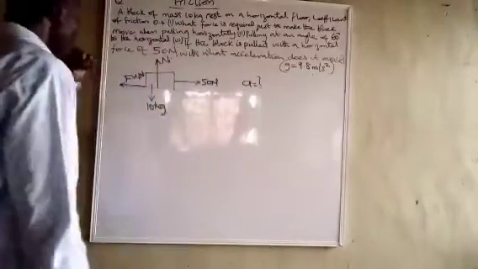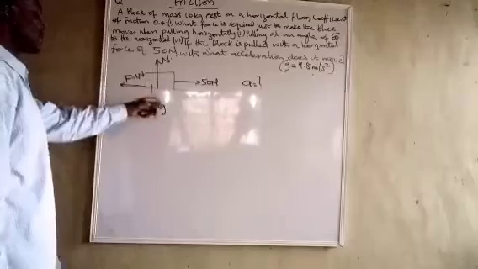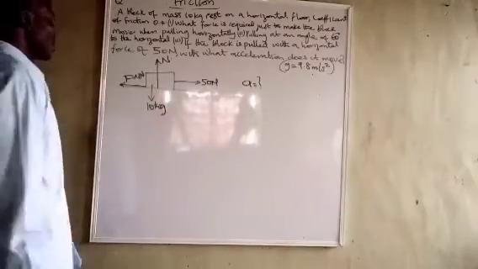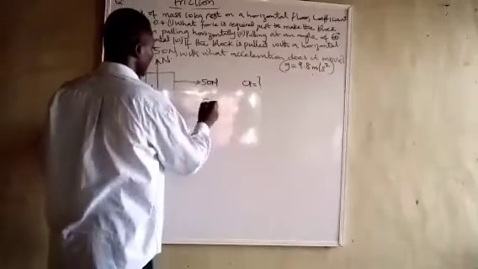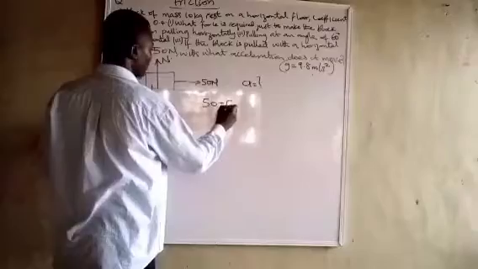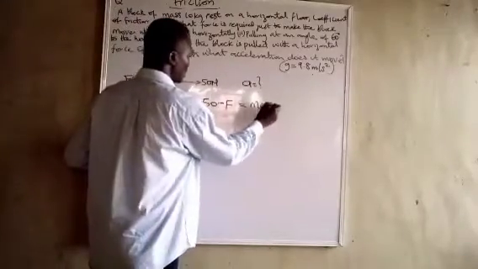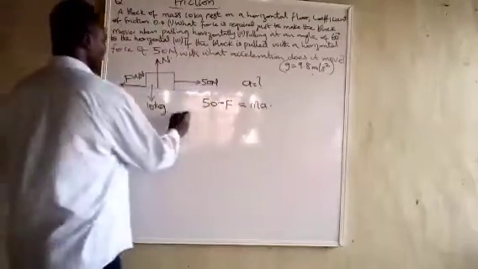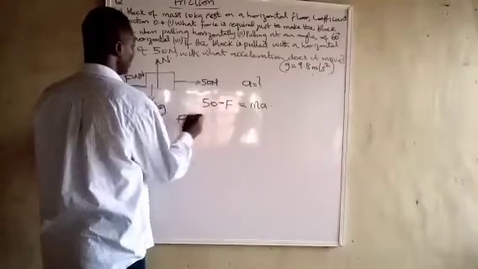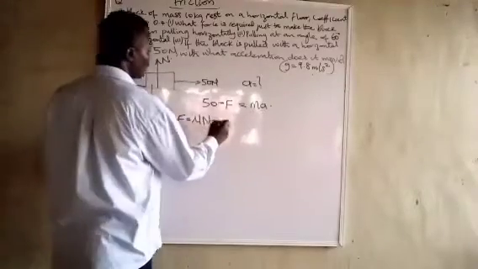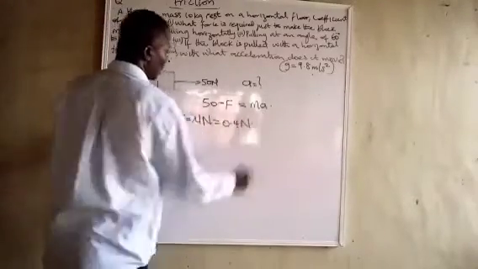In this instance, N is still the same, with the mass of 10 kg. Therefore, 50 minus F, since F is against the motion, will be equal to ma. And what is F? F is mu N, 0.4 N. What is N?